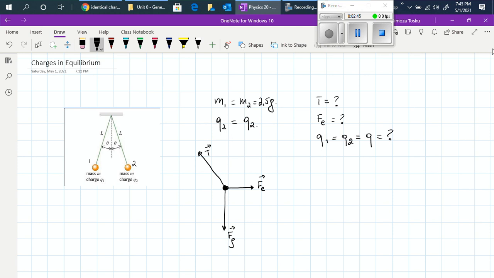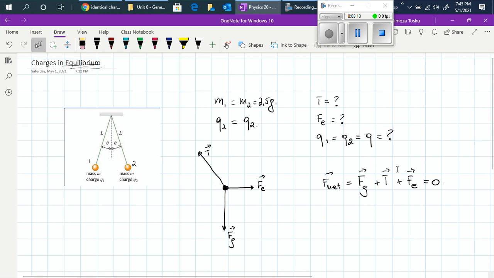The key here is that the charges are in equilibrium, meaning that the sum of all the forces, the net force, is equal to 0. So in this case, force of gravity plus tension plus electrostatic force is equal to 0. This is what being in equilibrium means.